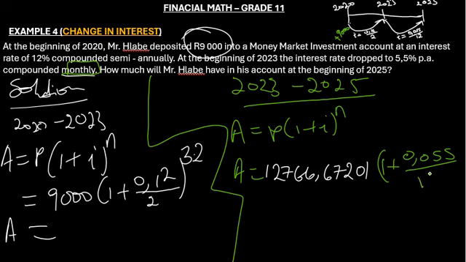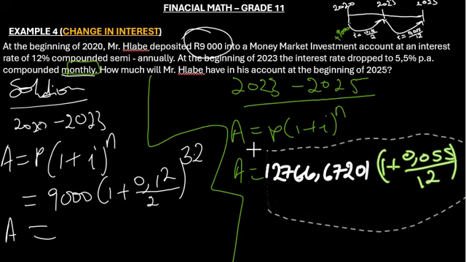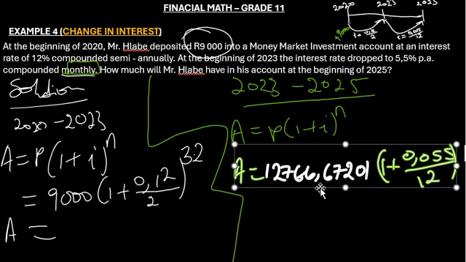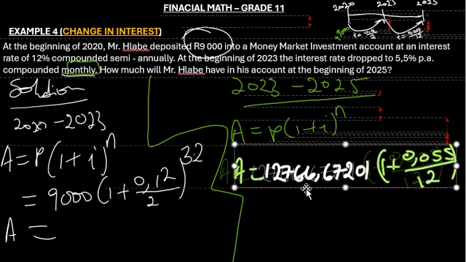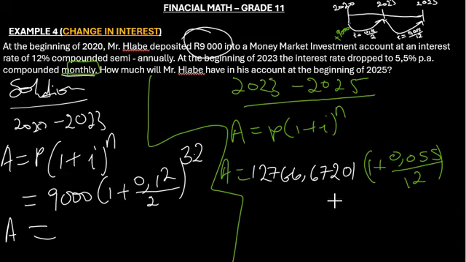Then I will raise my answer to 12 times the remaining period. 2025 minus 2023 is 2, so 2 times 12, the number of months in a year.